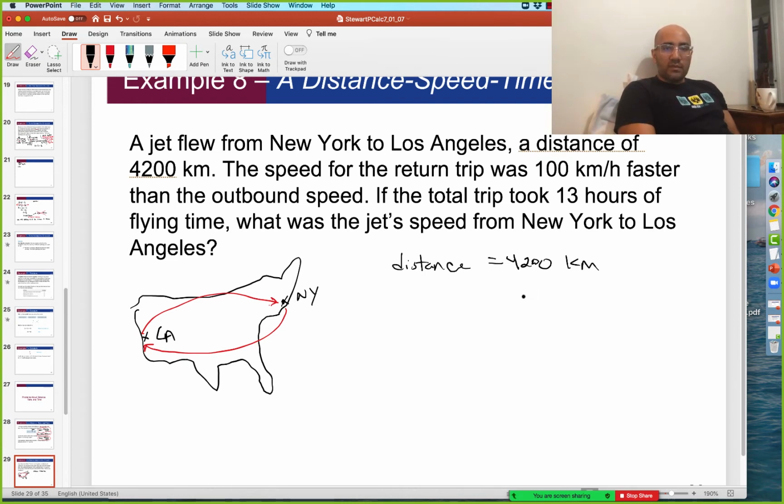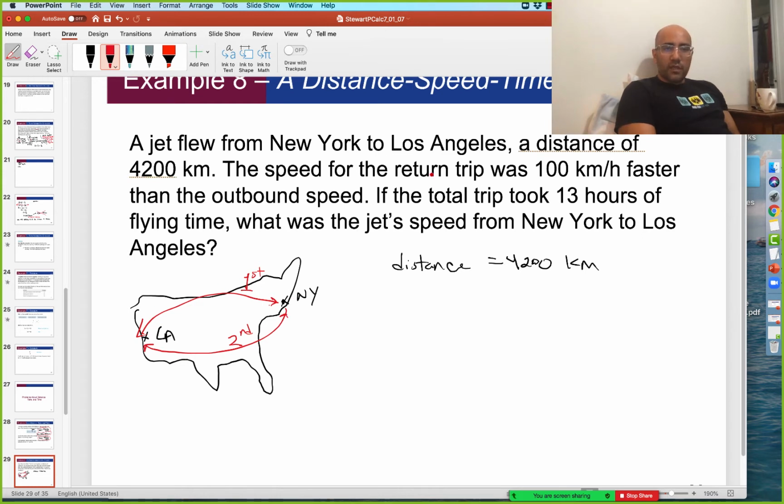Now the speeds. The speed for the return trip: we flew from New York to LA in the first direction, which is the first leg of the trip, and then you came back over here, and that was the second leg of the trip. So first we go this way and then we go this way.